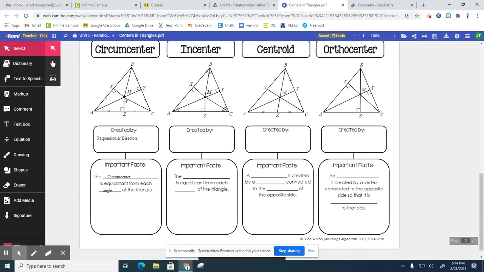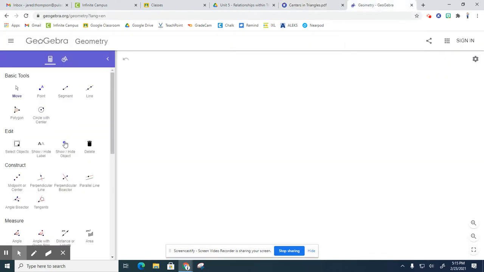So this point M is the same distance from angle A, angle B, and angle C. You could say AM is congruent to BM is congruent to CM, if you wanted to put that. Now here's what I like about circumcenters. It allows us to draw a circle around the triangle. So now I'm going to switch over to the GeoGebra site and show you that.